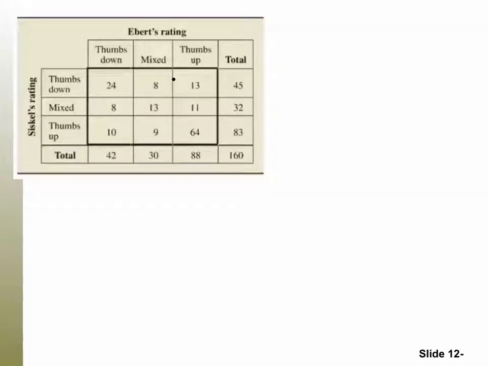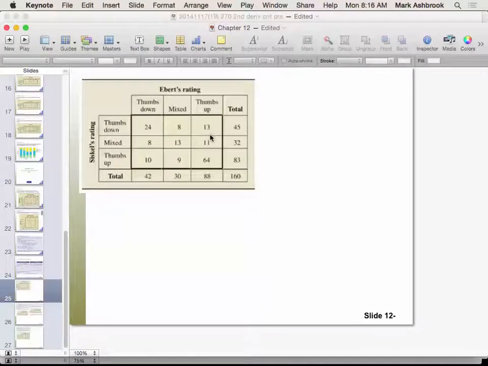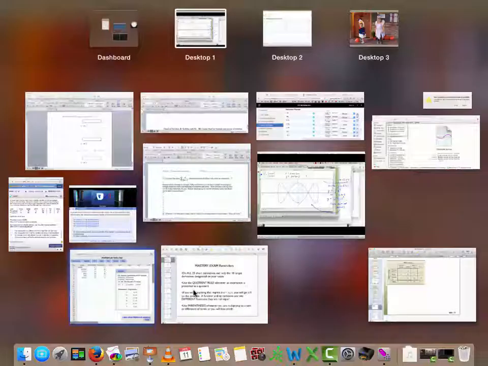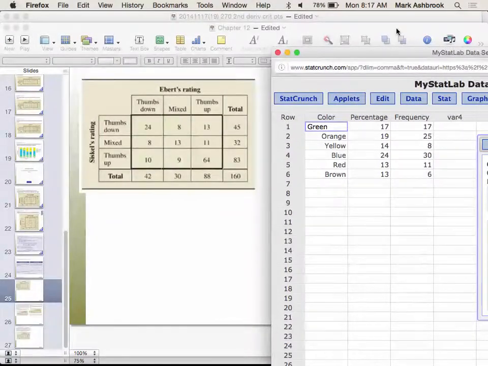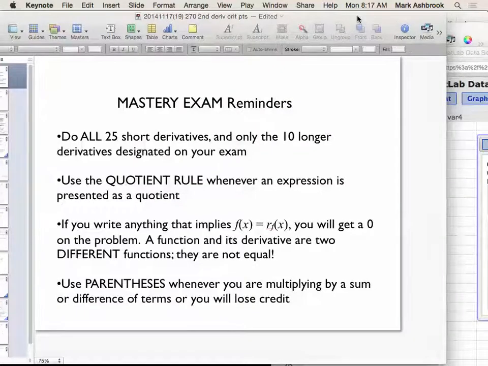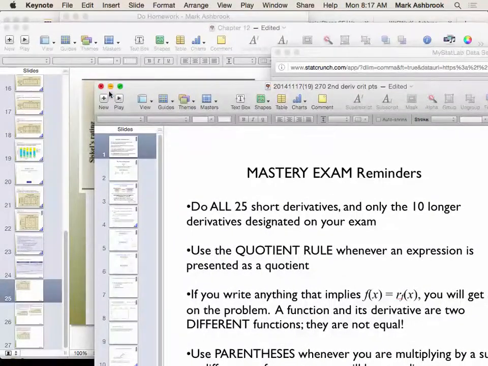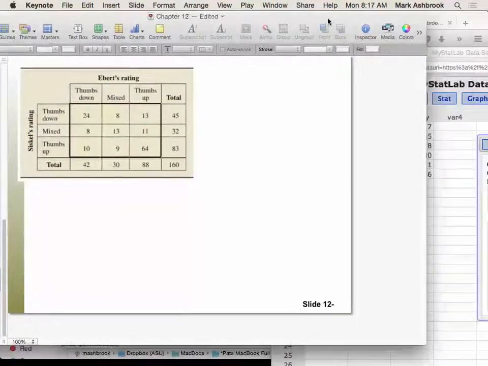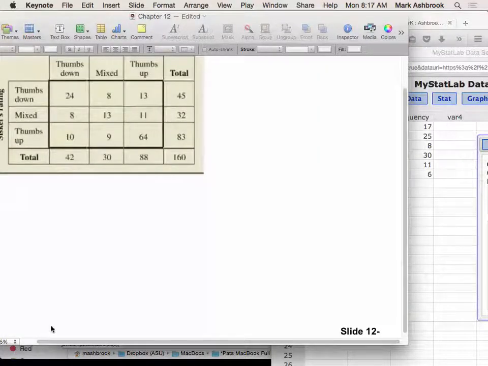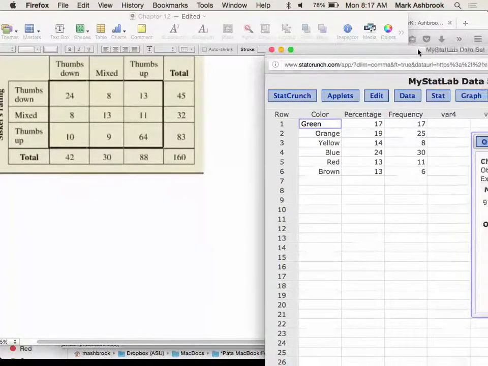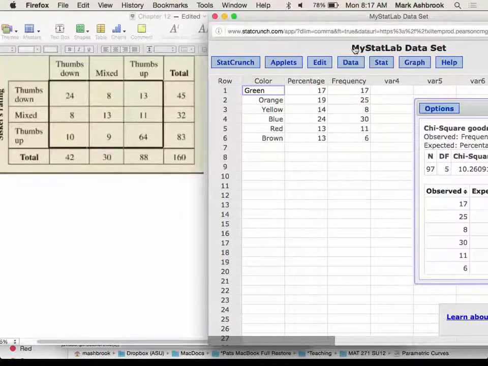And so we're actually going to put this data into StatCrunch, just like that, in that table. Are the numbers big enough there? Can you read that? Okay, there we go. So we're actually going to put these tables in.